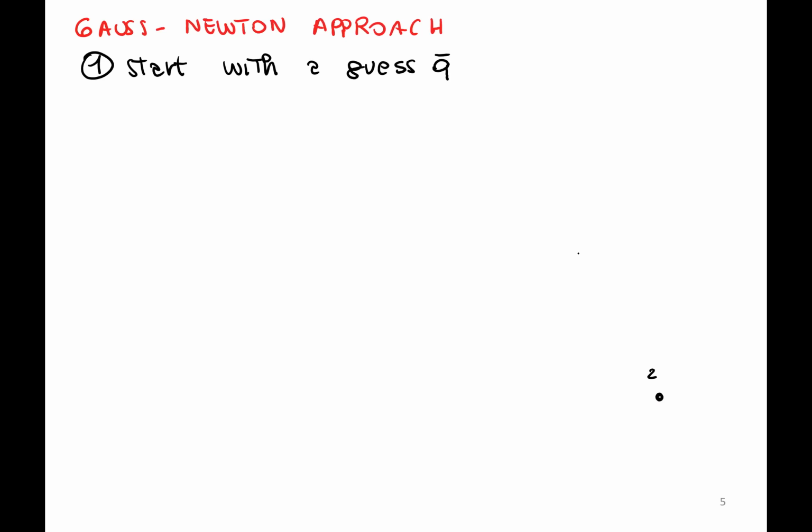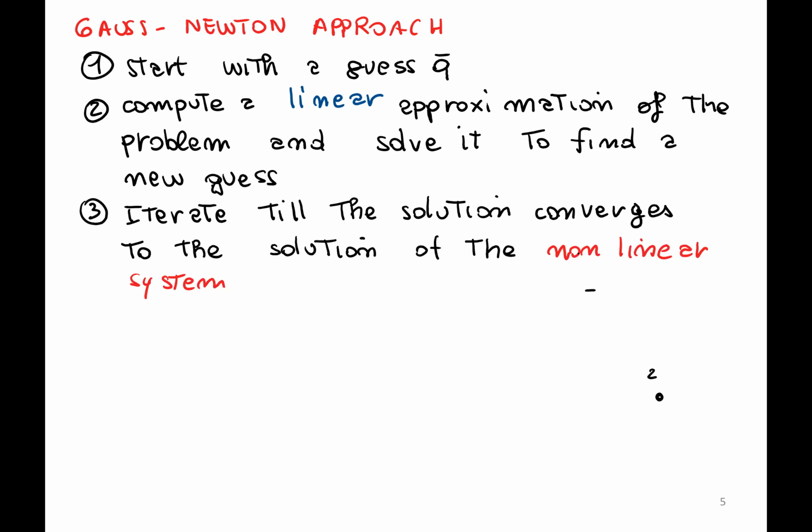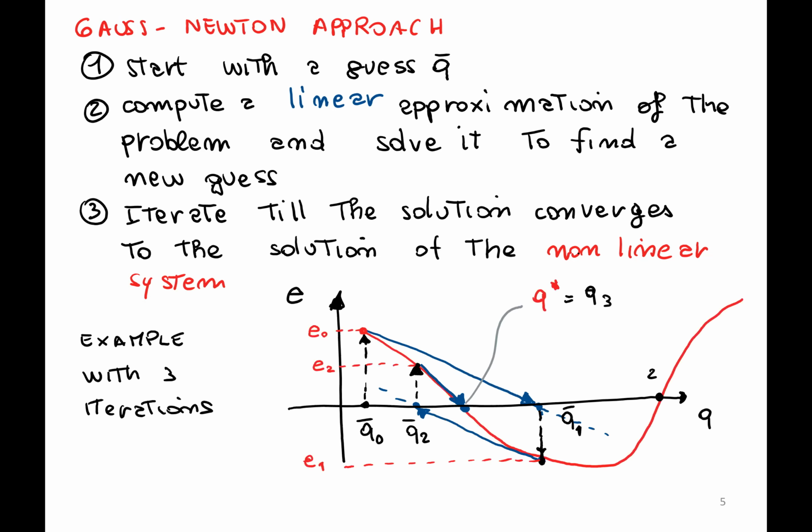So if we think about the Gauss-Newton approach, we start with a guess Q bar, we compute a linear approximation of the problem and solve it to find a new guess. And then we iterate till the solution converges, the solution of these linear approximations converge to the nonlinear system. And we see here an example with 3 iterations.